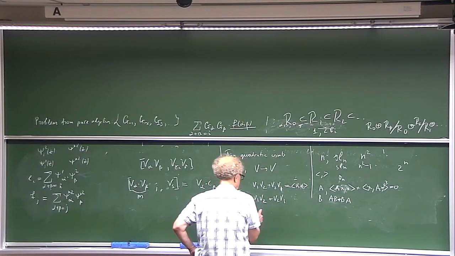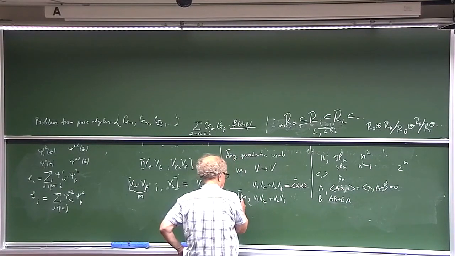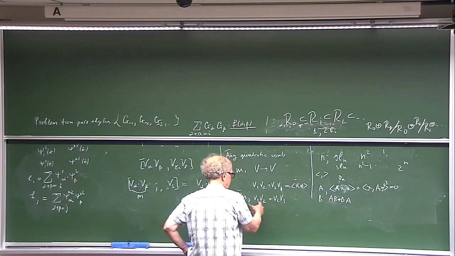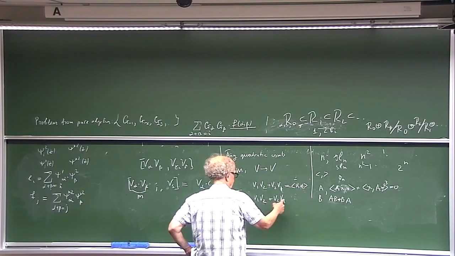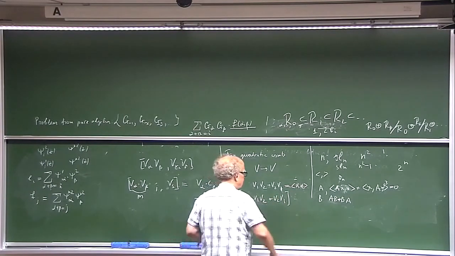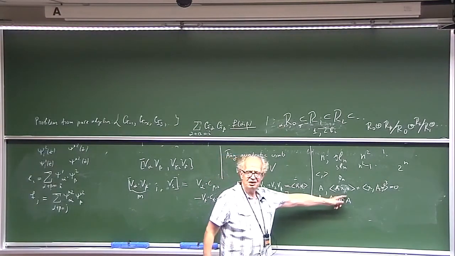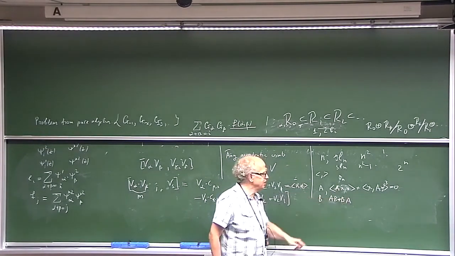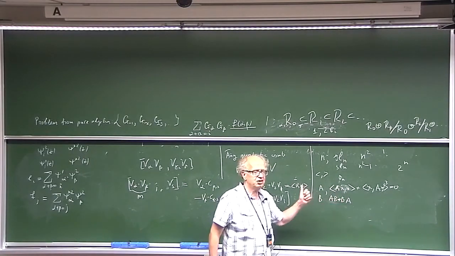It means that I apply this to this, then I apply to this, plus this, plus this. And if you write the Leibniz rule, you get explicitly the fact that the corresponding linear transformation is skew-symmetric. This is just the same.